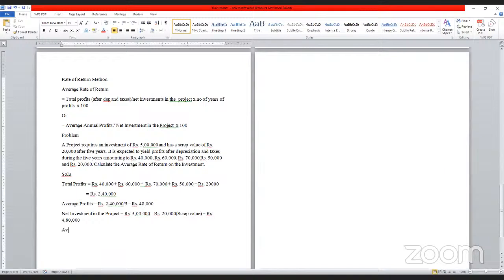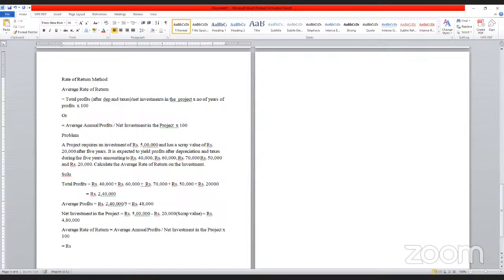What is the formula for average rate of returns? Average rate of return is equal to average annual profits divided by net investment in the project into 100.